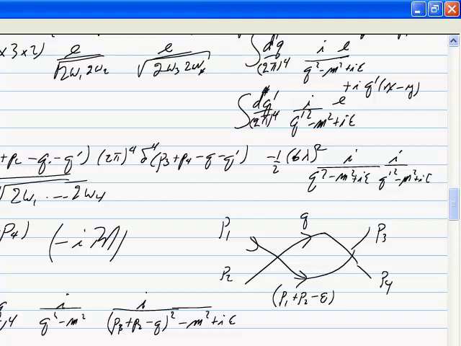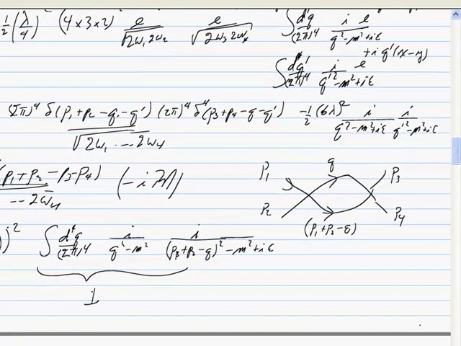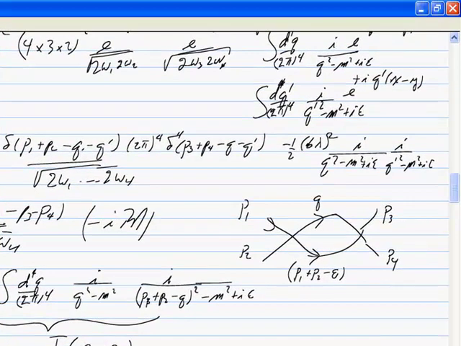Okay, and so here's our number. Just for future reference, I'm going to call this I. It's a function of p1 plus p2. So it's just a function of those momenta only after you do the integration. And we have a task ahead of us of telling you how you do this integral. That's not the easiest of integrals to do, of course.